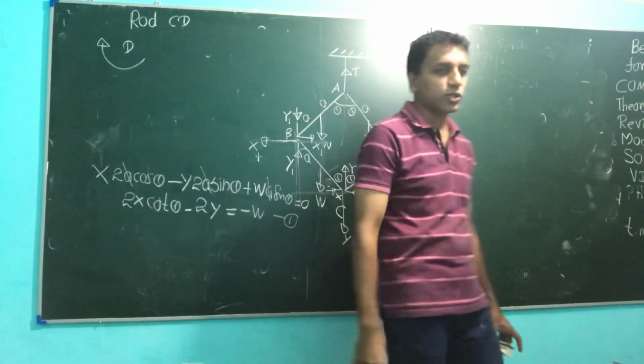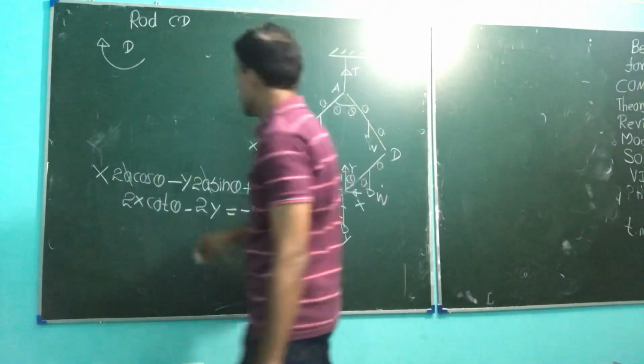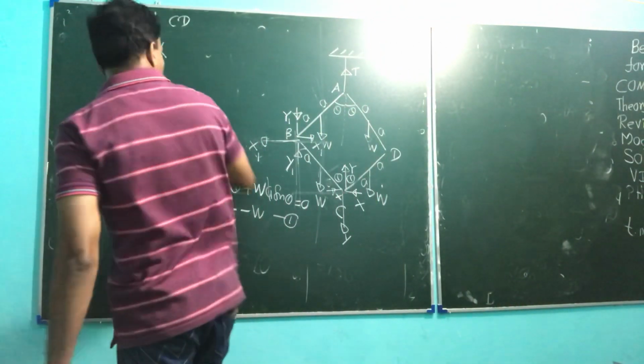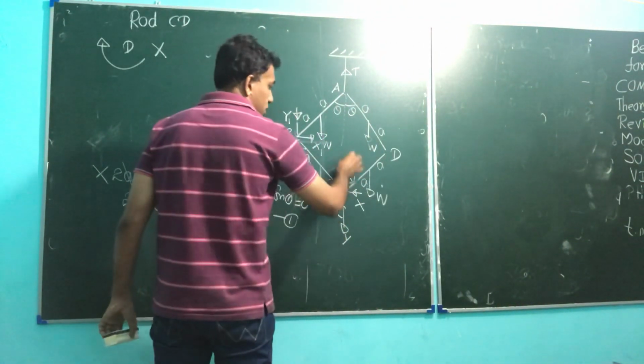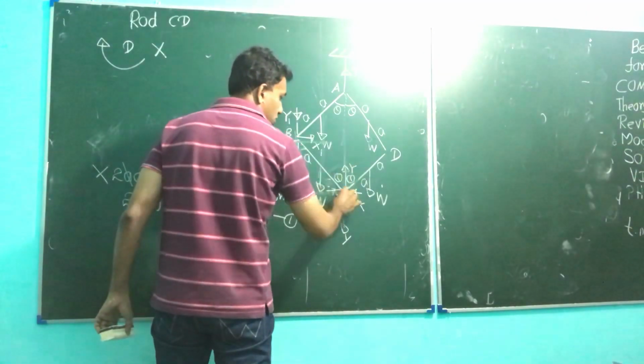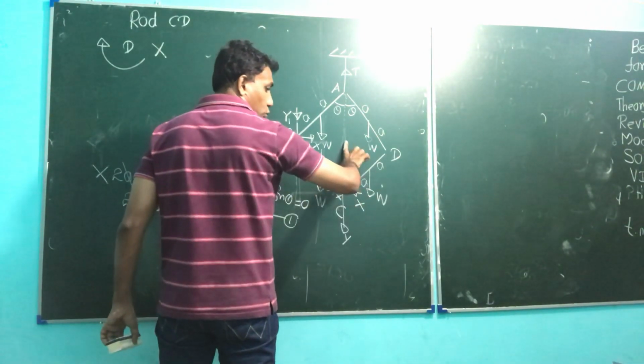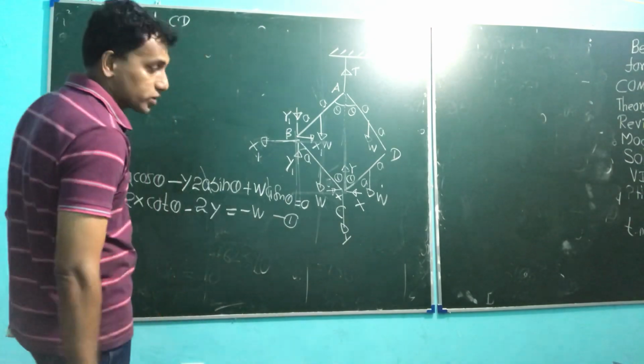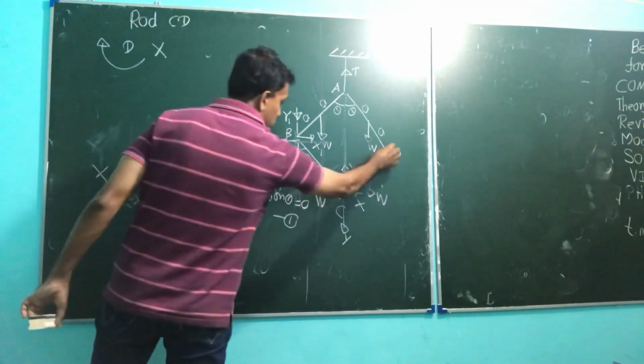Force is x. But the vertical distance here, what is that? 2a cos theta, up to here, distance 2a cos theta.